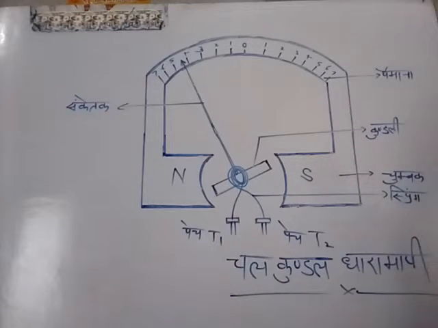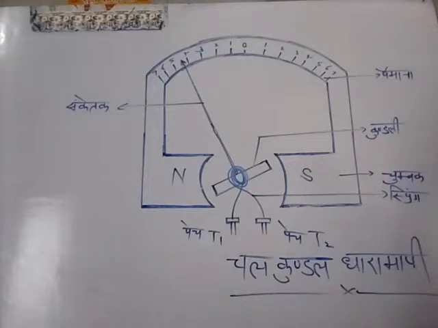In the situation of equilibrium for the coil, torque tau is equal to the restoring force applied by the spring.